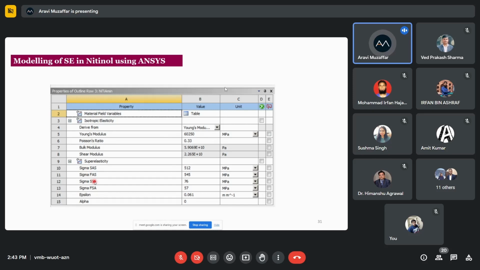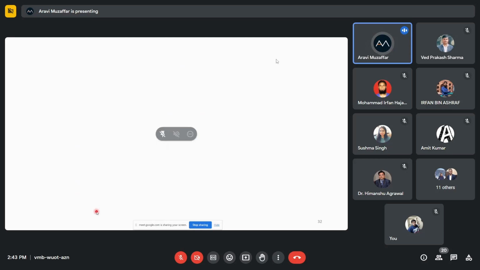Then you have SA, where S refers to martensite, which is the stress required for the start of martensite to austenite conversion. FSA refers to the stress at which the conversion of martensite to austenite is complete. And finally, the epsilon, which is the transformation strain, and alpha, if there is any change between the compression and tension plots.